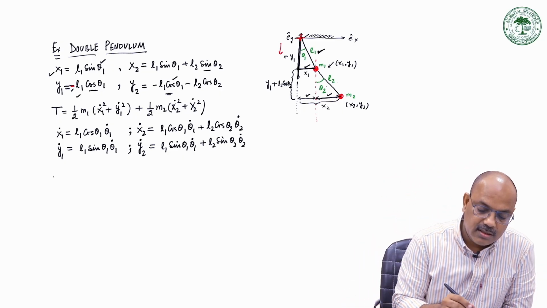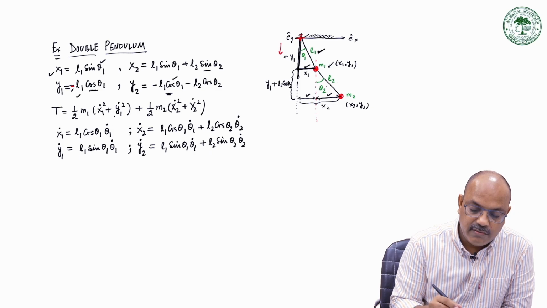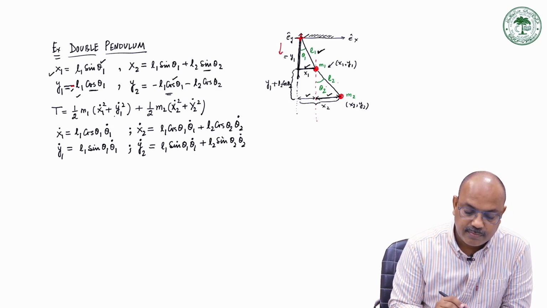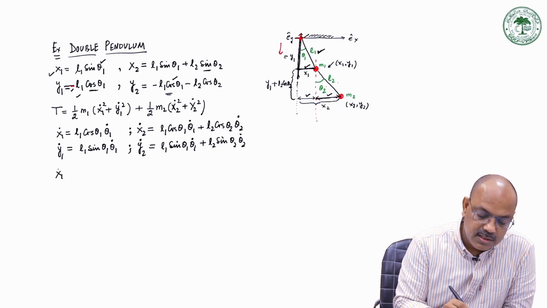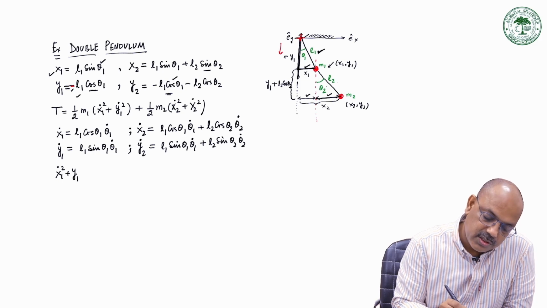T is like, first you calculate x1 dot square plus y1 dot square.